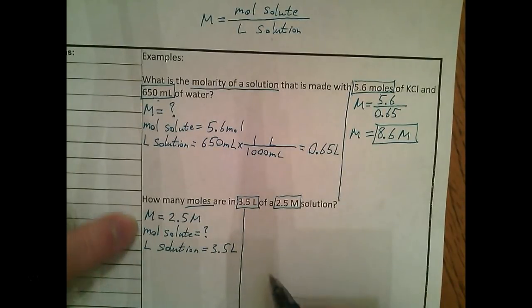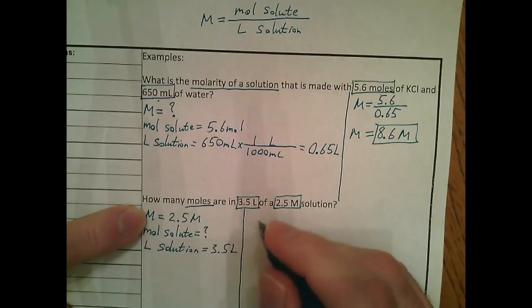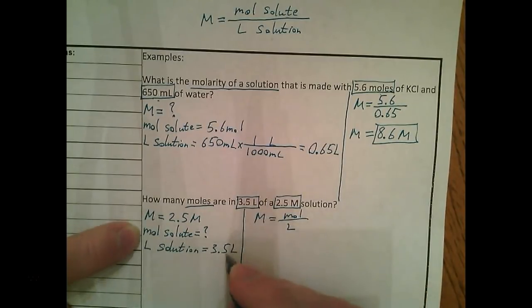I want to recommend that you go ahead and set this up as fractions so that you can cross multiply. I think it's easier for you guys to do that. So molarity equals moles over liters. Well, I have moles here. Moles is unknown, and then liters is 3.5.